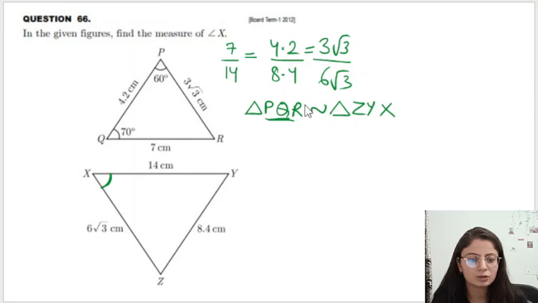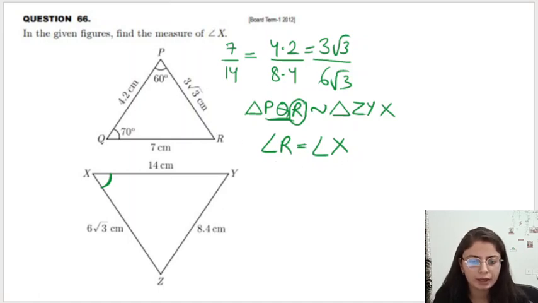And the corresponding angle of angle R is X, right? So therefore triangle PQR is similar to triangle ZYX. Okay. Now angle R equals angle X, right? The corresponding angles of these similar triangles are equal, right? So angle R equals angle X.